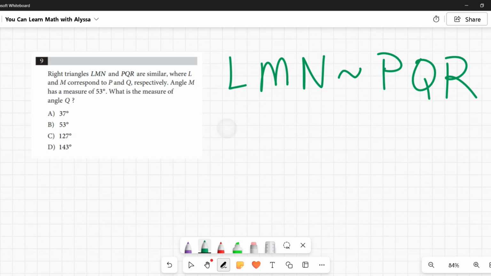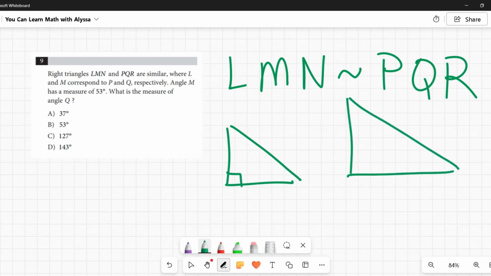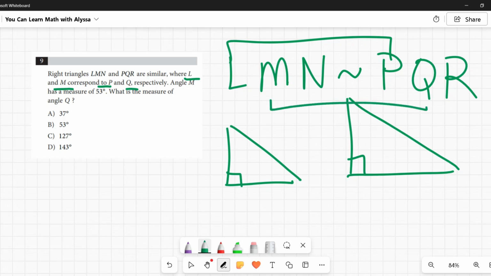It means I have a right triangle, and then I have another right triangle. It may be bigger, it may be smaller, but it is proportionately the same. And we want to know which corners, which points correspond to which ones in the second triangle. And they're confirming it. L and M correspond to P and Q. So L corresponds to P, M corresponds to Q. Okay, so that's all good.